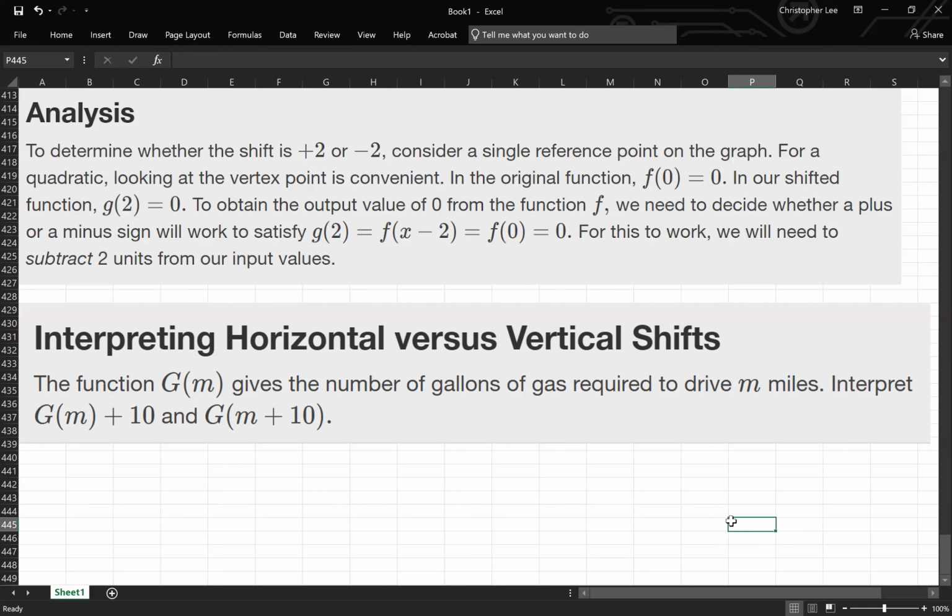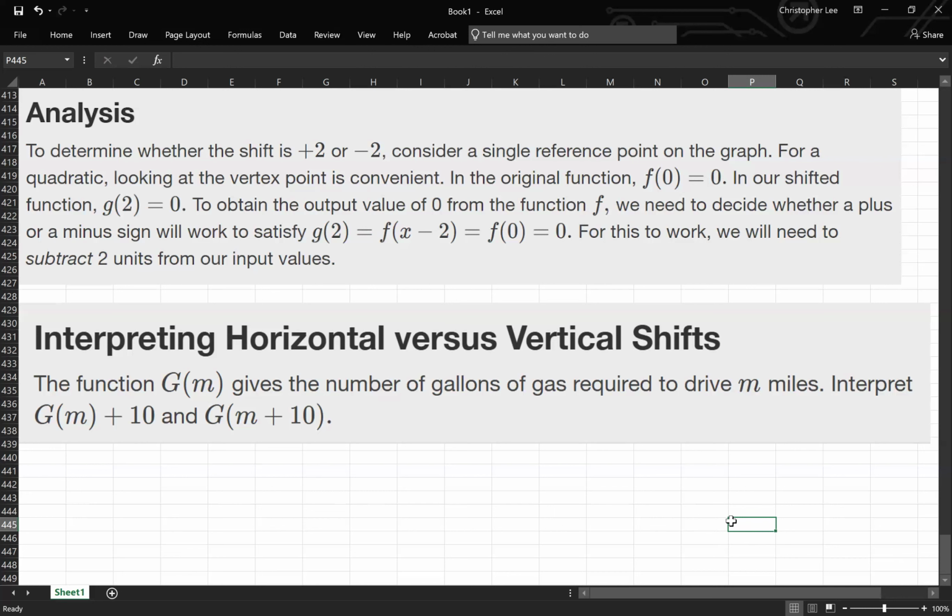What does that mean? g of m is the number of gallons that you need to have in the car, and m is the number of miles you're going to drive from those gallons that you have. So if I say g of m plus 10, what does that mean?